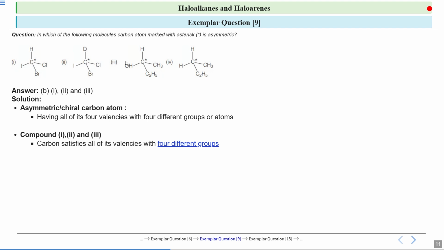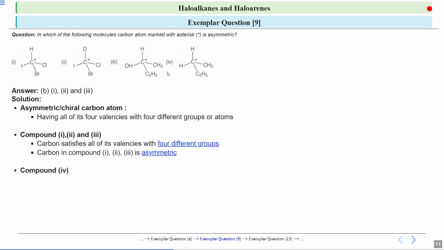In the third molecule also, the carbon is connecting with hydrogen, hydroxyl, ethyl, and methyl. All are different groups, right? So all of its valencies are occupied by 4 different groups in the first, second, and third molecule. The carbon in compounds first, second, and third is hence asymmetric.